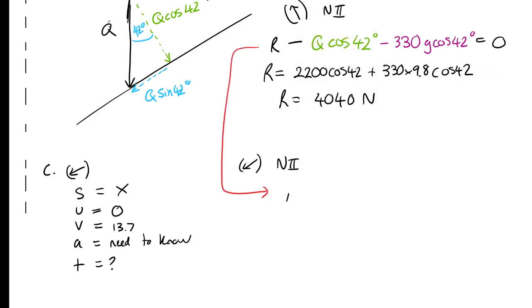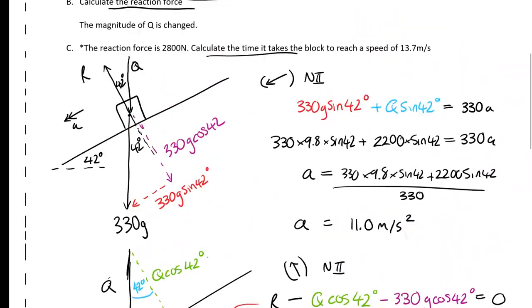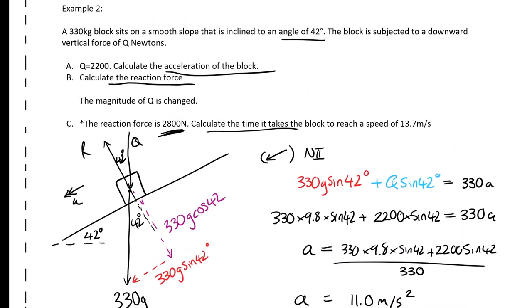We've got R minus Q cos 42 minus 330 G cos 42. It is still equal to 0 because no matter whether it slides along the slope, it doesn't accelerate into or out of the slope. That equation has two unknowns, both R and Q, but the reaction force we're told is 2,800.